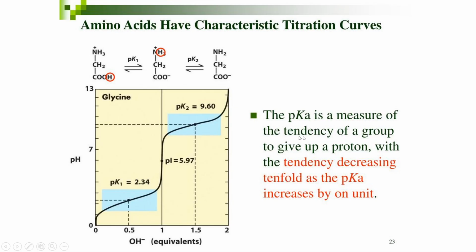It's nothing but a measure of the tendency of a group to give up a proton. So either giving a proton here or giving a proton here, with the tendency decreasing 10 fold as pK increases by 1 unit.